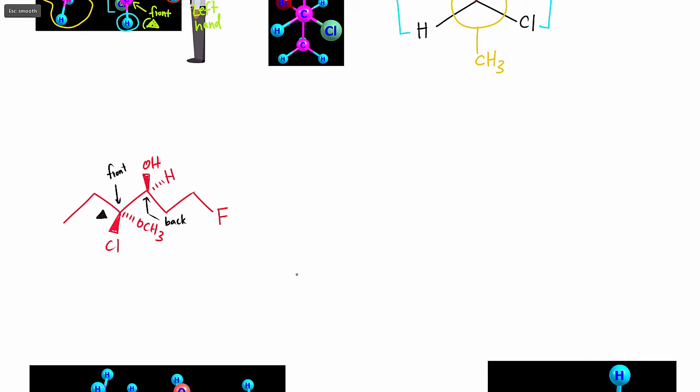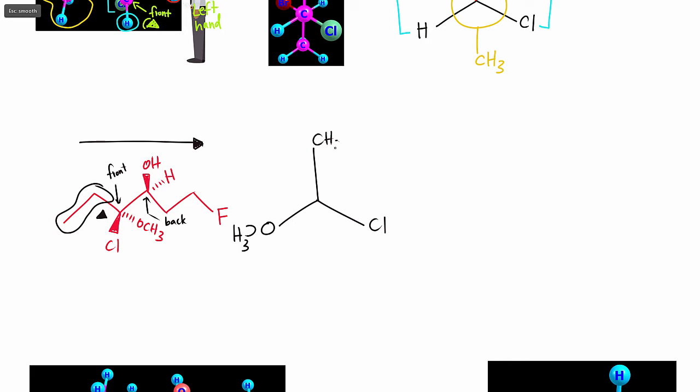Okay, so what we have is you're looking toward the right. So what's coming out of the plane is going to be on my right side. So I have Cl is going to be on my right, OCH3 is on my left, and this whole atom group here is going up, which is CH2, CH3.